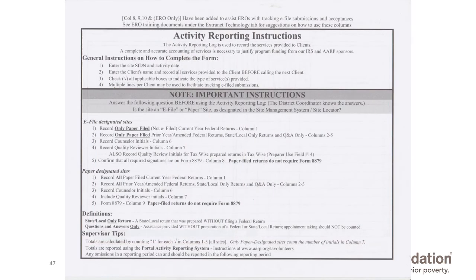Here's the back of the activity log, and you can see that there are instructions to help the user understand what's expected in the various columns and rows. So that makes it easier for people.